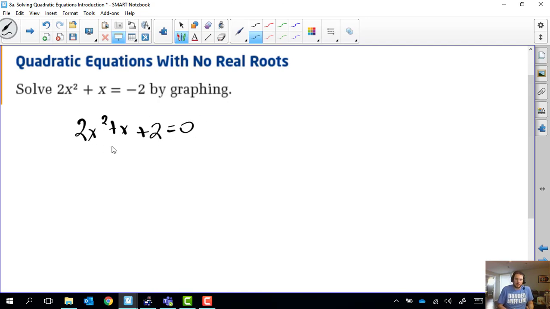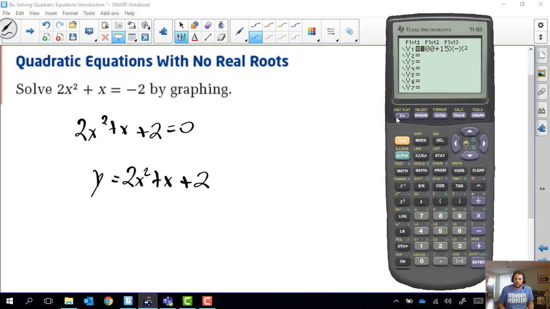So what we do is we set it equal to 0, then we take the graph of y equals 2x squared plus x plus 2 and say, okay, now when will this thing be equal to 0? Right? So if we plug that into our calculator, we take the 2x squared plus x plus 2, and we graph this thing, and maybe I'll try to zoom in a little bit here.